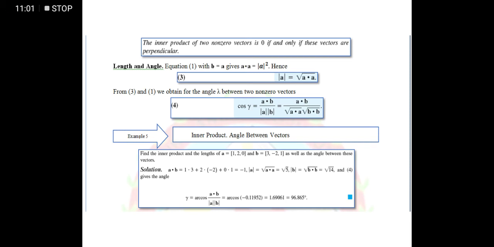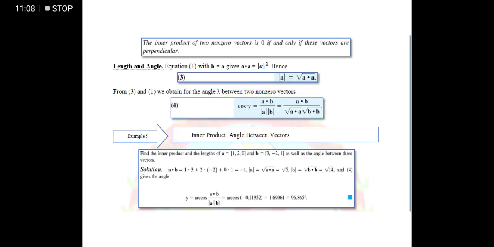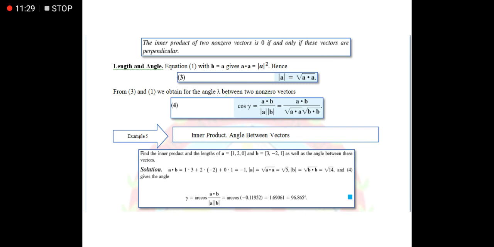So here let's go to example number 5. Okay? In example number 5, we have here inner product, the angle between vectors. We have to find the inner product and the length of A and B, as well as the angle between these vectors. So to find the inner product, we have to use equation number 1. We have A dot B is equal to 4 multiplied by 3 plus 2 multiplied by negative 2 plus 0 multiplied by 1.